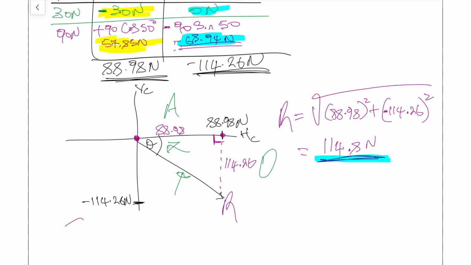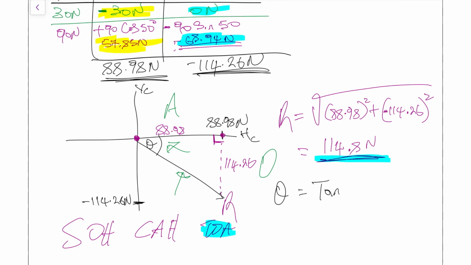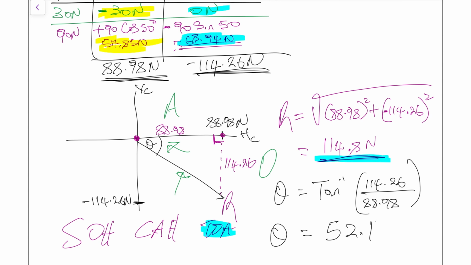And if you remember our SOHCAHTOA stuff, you will identify immediately that we're going to use our tan because we're working with opposite and adjacent. And because we're finding the angle, it's just simply going to be tan inverse of opposite, which is 114.26, divided by adjacent, which is 88.98. And that gives us the angle. Quite straightforward. So that angle is 52.1 degrees.